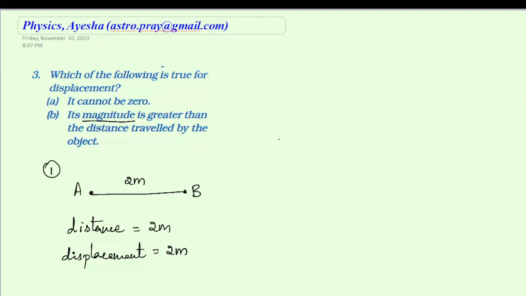Now, can distance be greater than displacement? Let's consider case 2. There's a point A, there's another point B. Now the same object, instead of going directly from A to B, goes like this. Now in this case, what would be the displacement? Again, the distance between A and B is still 2 meters.